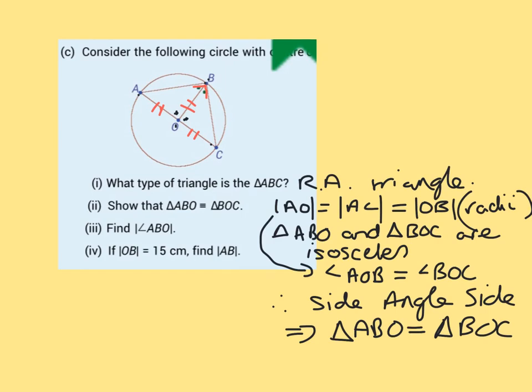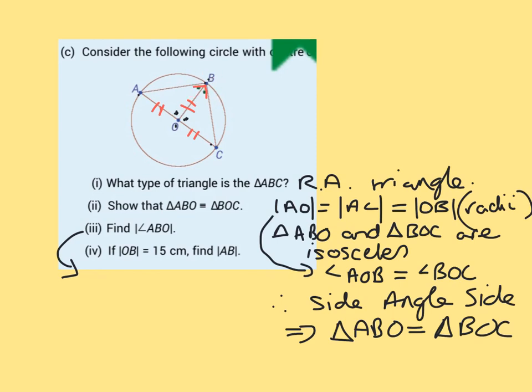All right, then it says find angle ABO. So that's the next question here. The good thing is that, on the basis that they've given you those green dots, they've told you that those angles are exactly the same. So that tells me that the line BO, this line here, actually bisects this angle.